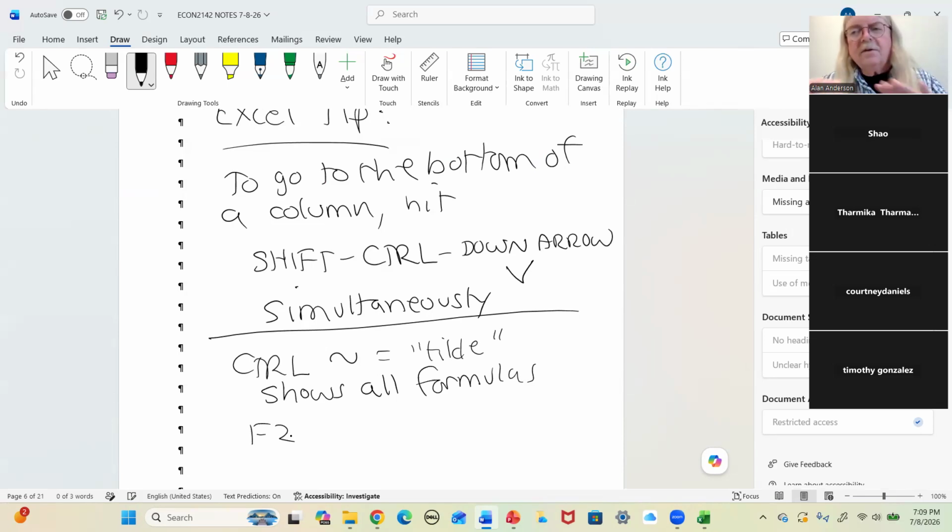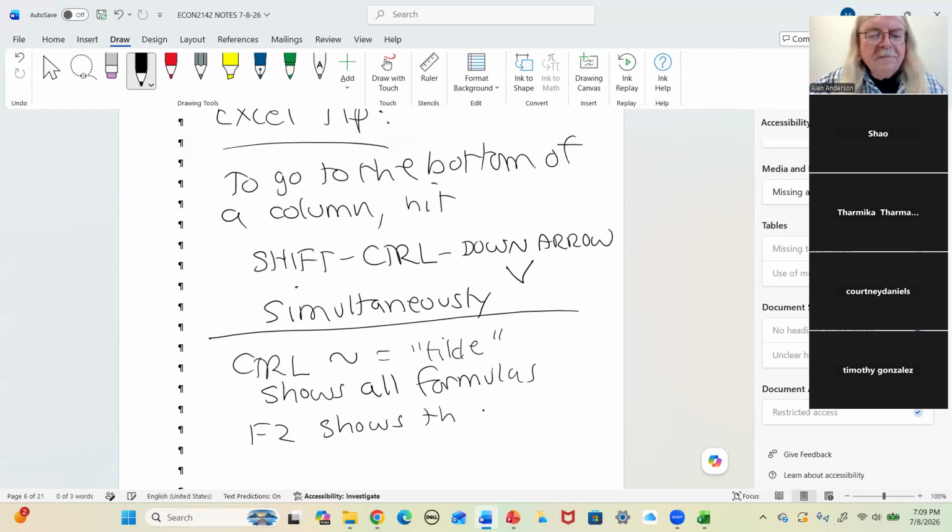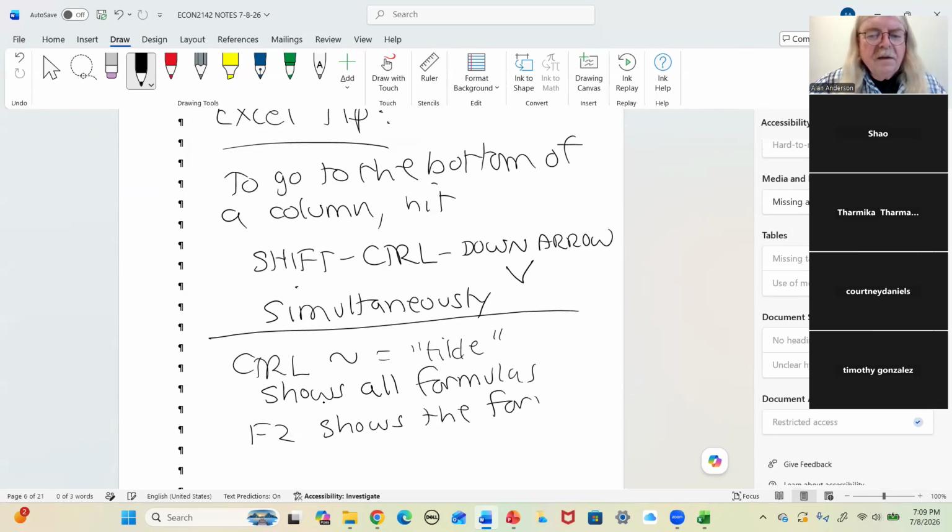F2, now this one is a little trickier because it depends on the keyboard you're using. F2 shows the formula in the cell on the PC.